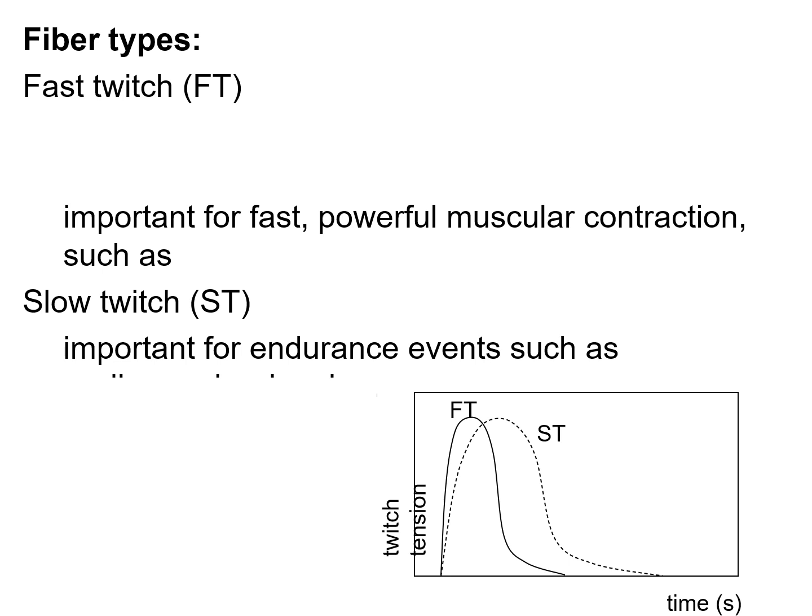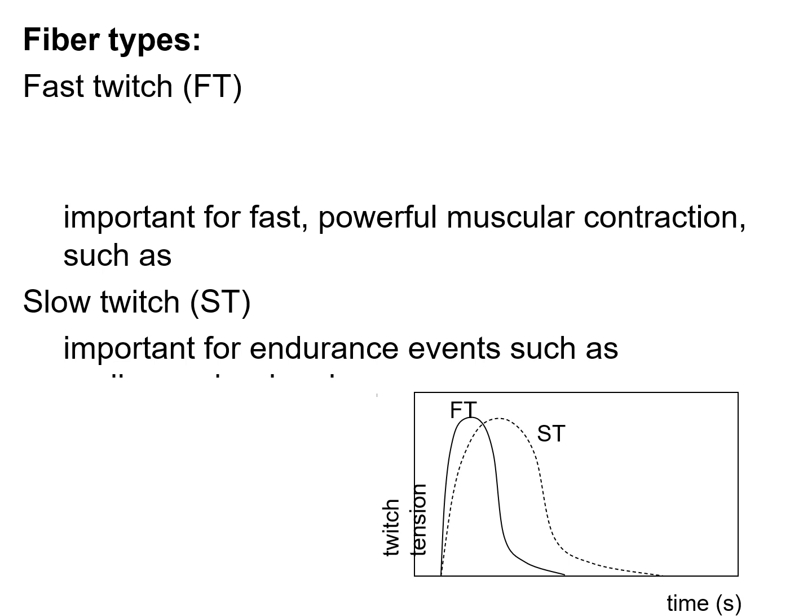Besides the motor units, when we look at fiber types, we have fast twitch muscle fibers and slow twitch muscle fibers. You'll also hear fast twitch muscle fibers called anaerobic muscle fibers, as they don't require oxygen to produce and use ATP.